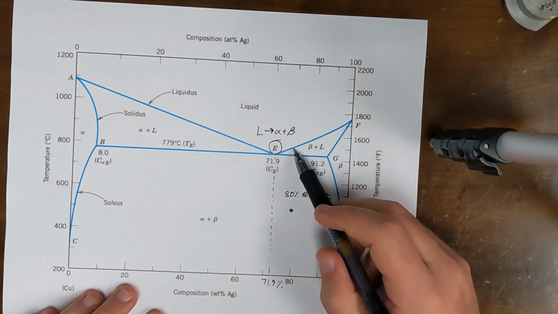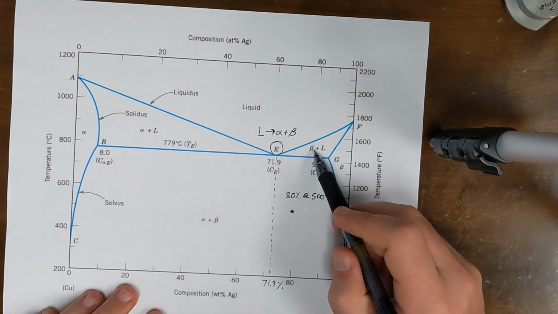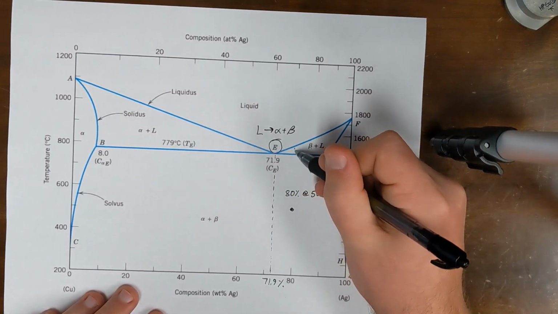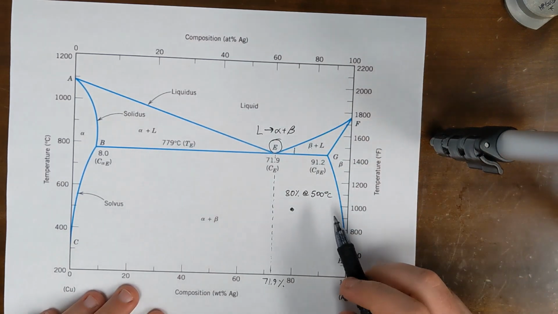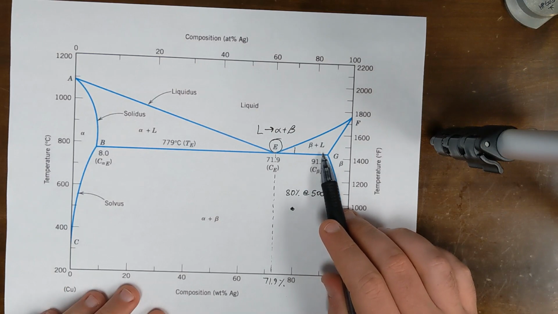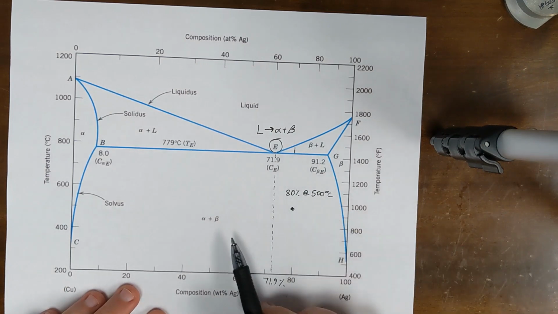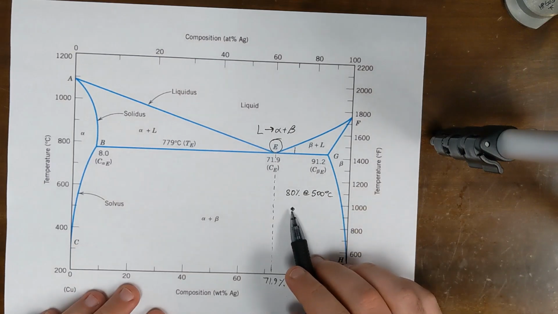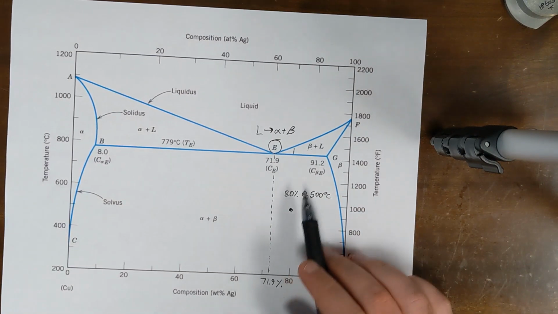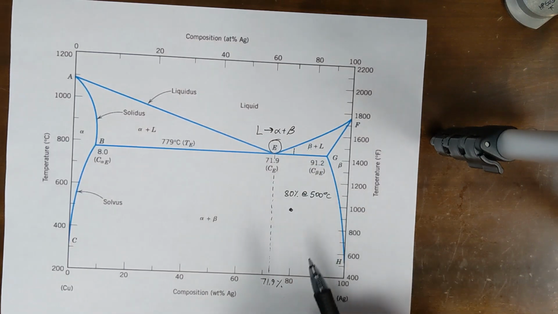As we cool, some of the liquid is going to transform into beta, right? So we'll have a beta plus liquid. And then when we hit this eutectic temperature, the remaining liquid is going to transform into eutectic, alpha plus beta, right? So our final microstructure at this point is going to be partial beta and partial alpha plus beta, right?